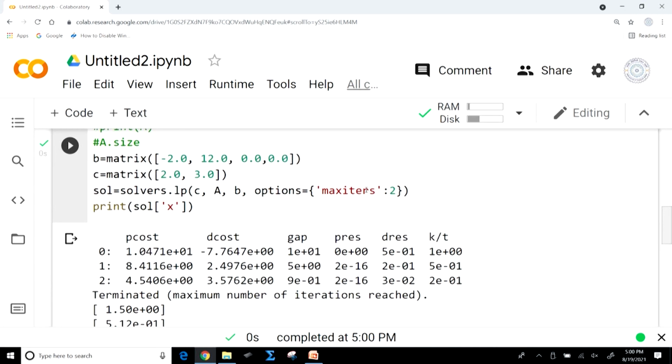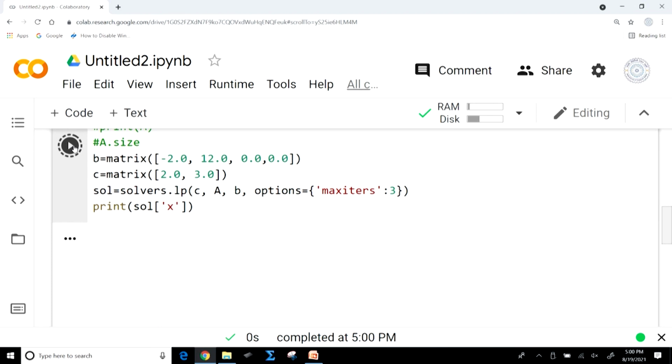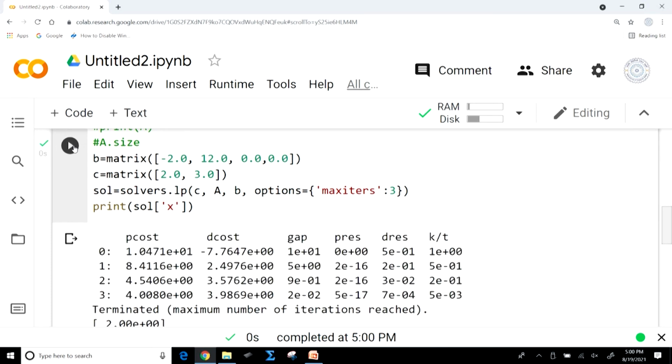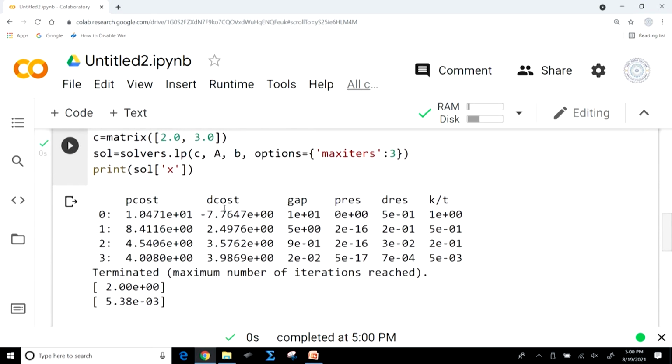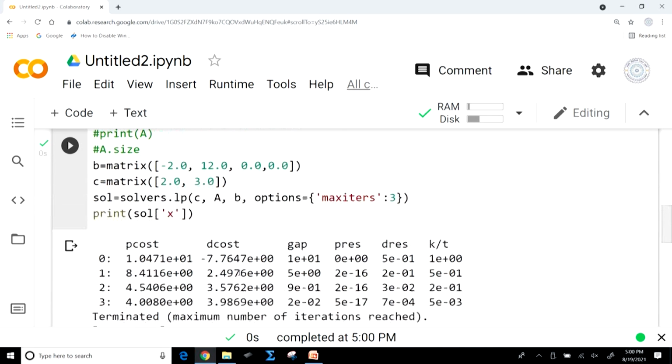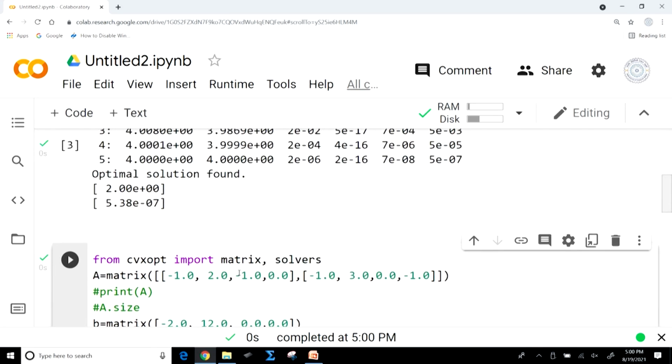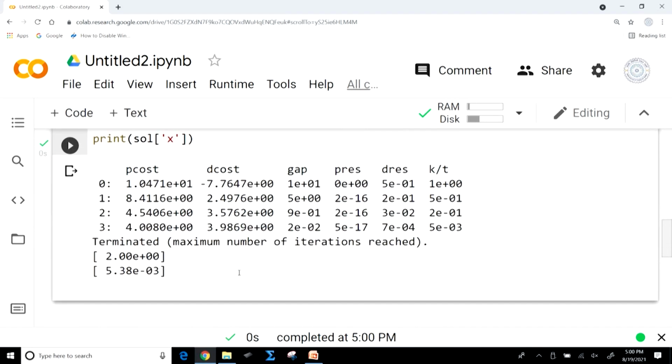And what about 3 iterations? Similarly, you can reduce or increase the iterations, or find out the value of the solution after 2 or 3 iterations, any number of iterations you want. For this, you find the optimal solution. The optimal solution is the same, it is 2 and 0.00053.